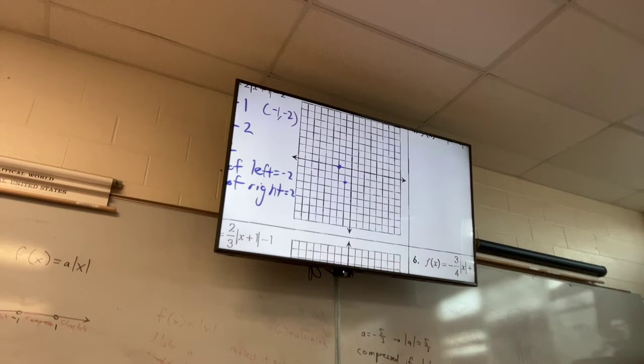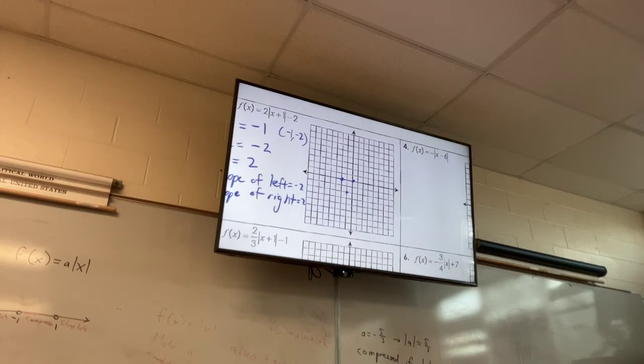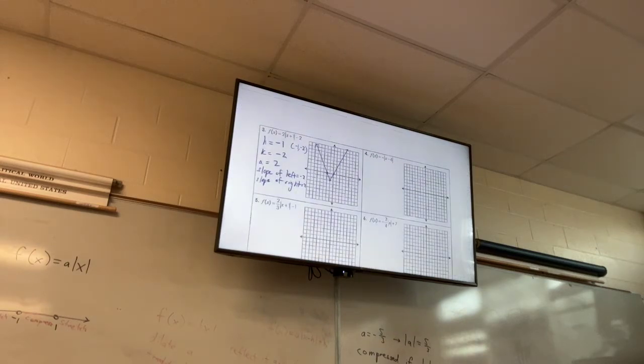And to plot a point on the right, I go right 1, up 2. And I can just play connect the dots. There we go, shouldn't be too bad. Hopefully we can all crush the quiz next week, okay? That's it. I'm done graphing.